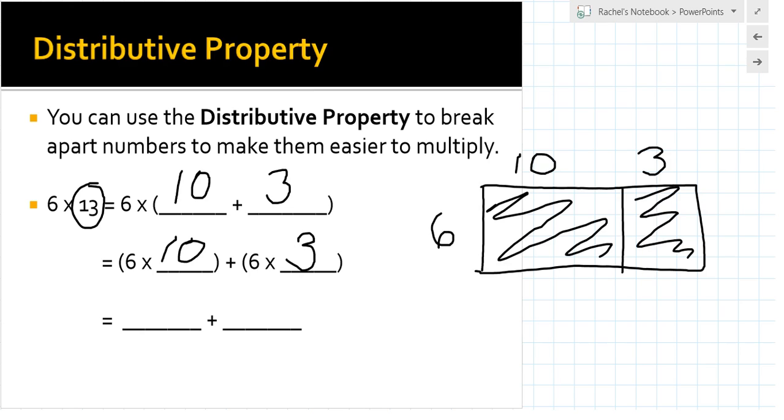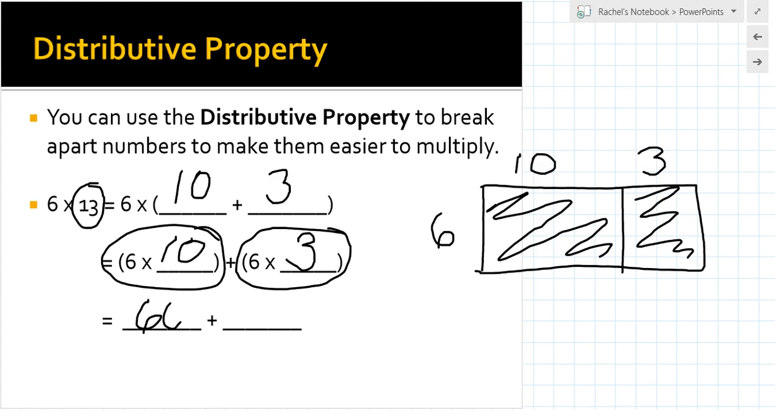So we're just taking the rectangle and breaking it into 2 smaller pieces. Then by finding these smaller products, we can go back and add those smaller products together. And these 2 numbers are called partial products. So 6 times 10 is 60, and 6 times 3 is 18.